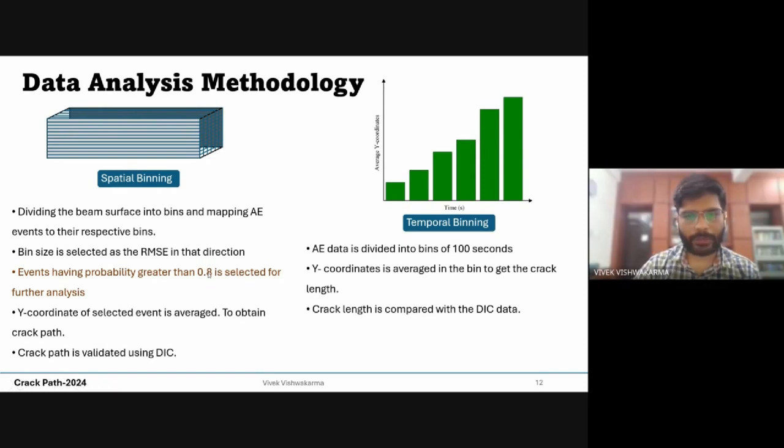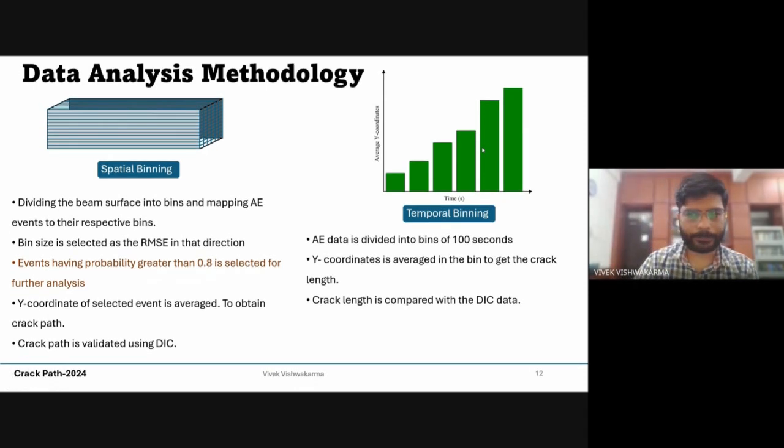Any data point which has probability greater than 0.8 of being in a tensile cluster, I have selected it for further analysis. This is also temporal binning, where the data is divided into bins of time. And if you average the y coordinate, you can predict the crack length also. I will come to it in later part.